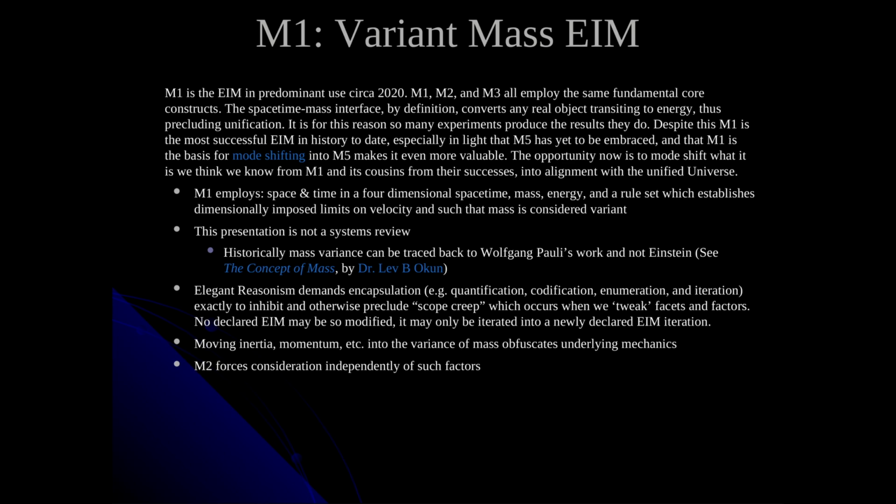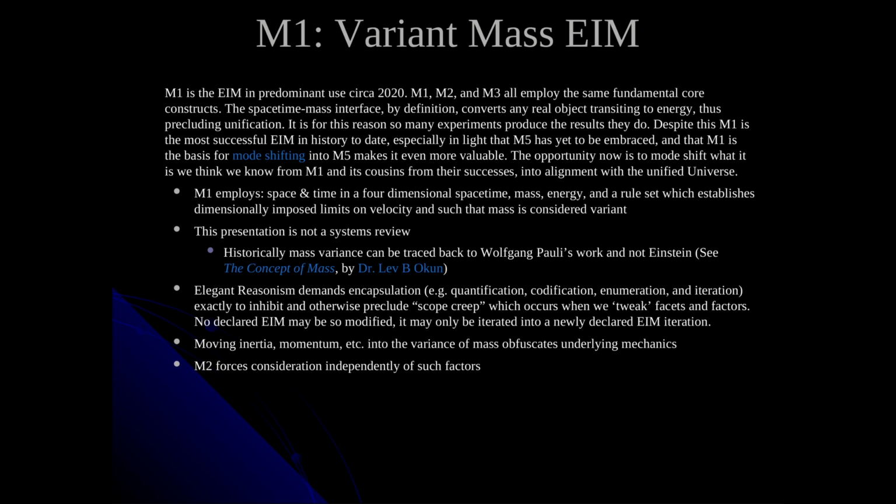We need to quantify, codify, enumerated EIMs, and then we can iterate them as many times as you want to, but you have to declare what your iteration is. And when you do that, that means that moving inertia and momentum, etc., into the variance mass obfuscates the underlying mechanics.